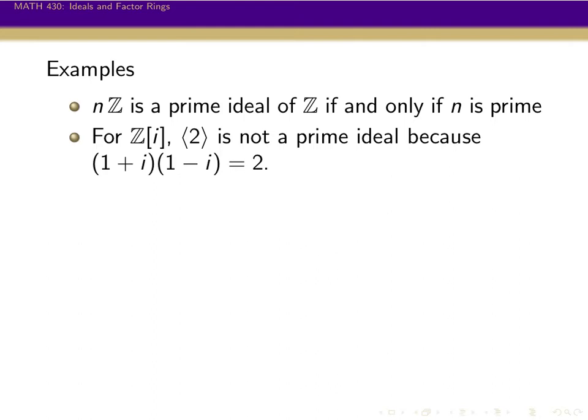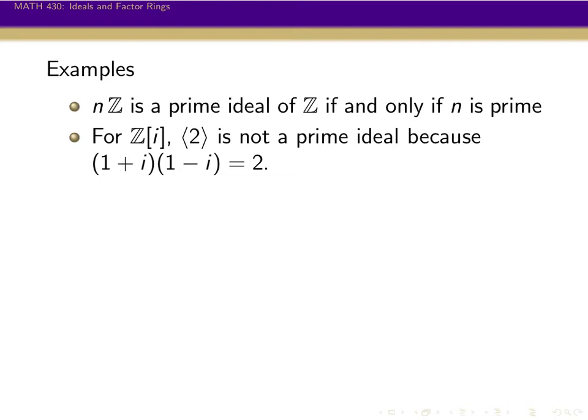So even though the ideal generated by 2 in the integers is prime, this is no longer true if you adjoin the imaginary number i to Z, because you can do 1 plus i times 1 minus i. If you work that out, that's equal to 2.